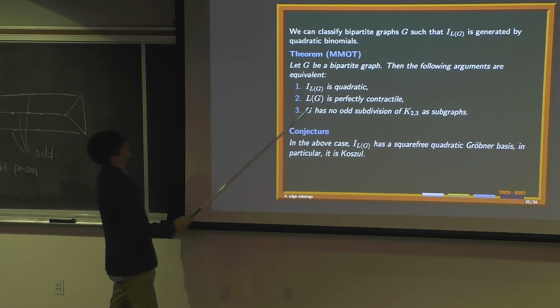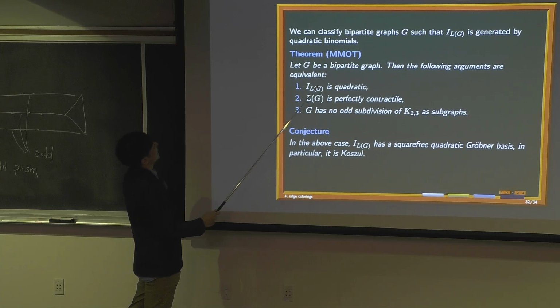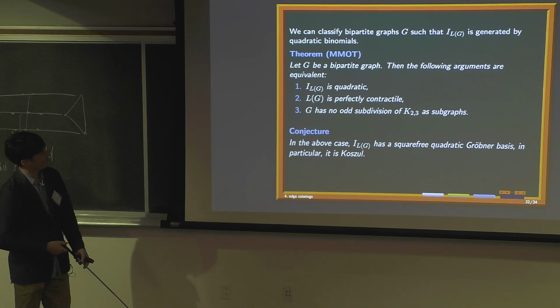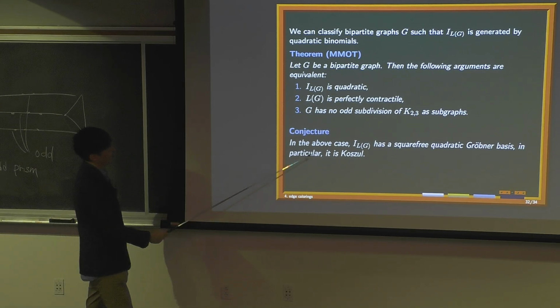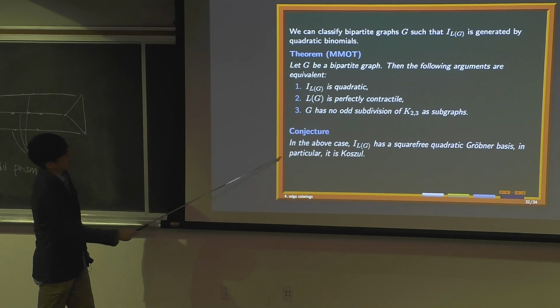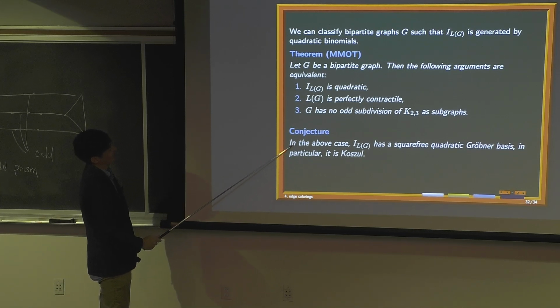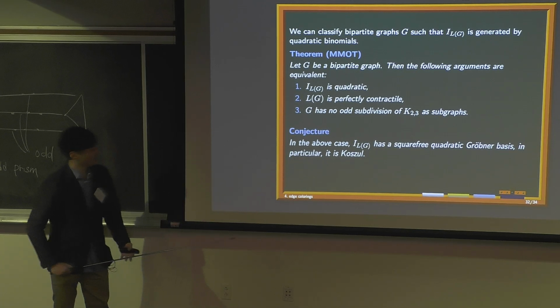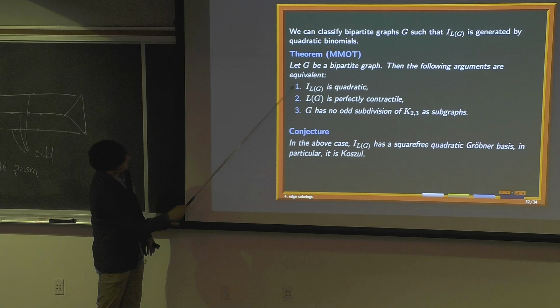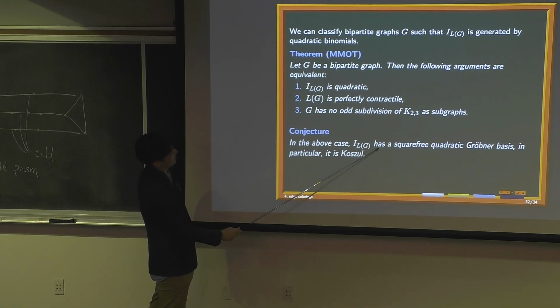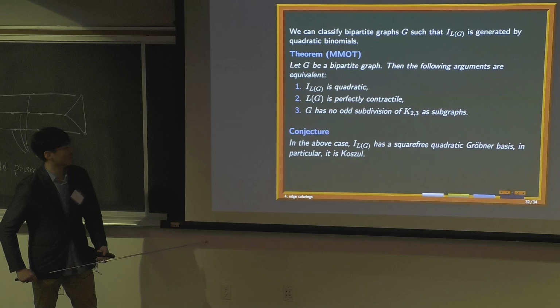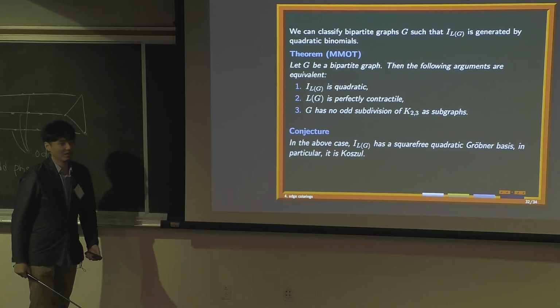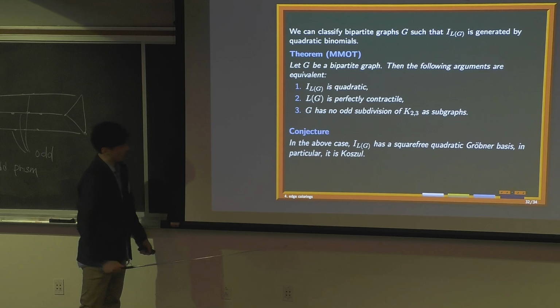So this means that for line graphs of bipartite graphs, our conjecture is true. And our Koszul conjecture implies this. In the above case, the stable set ideal has a squarefree quadratic Gröbner basis, and in particular it is Koszul. This is open, but I believe it is true.